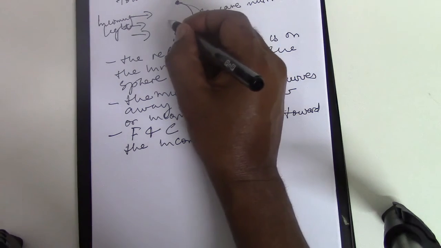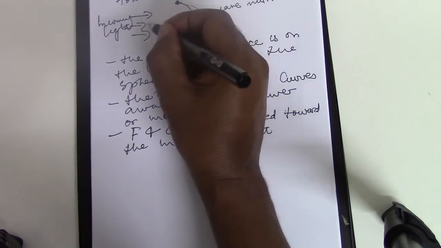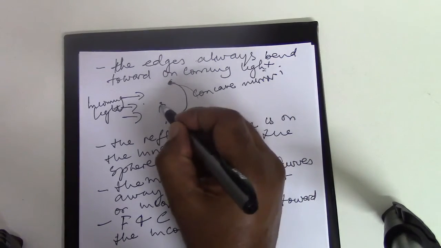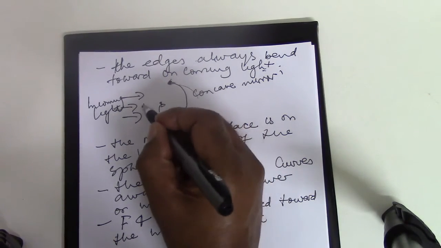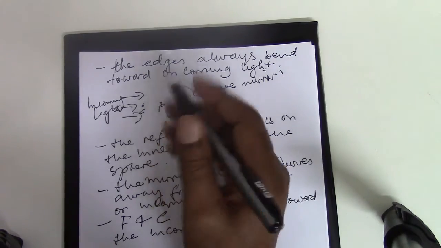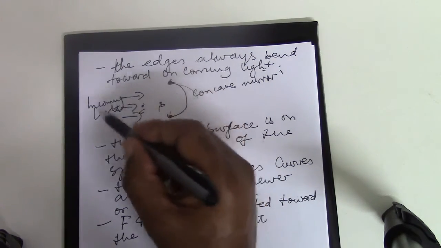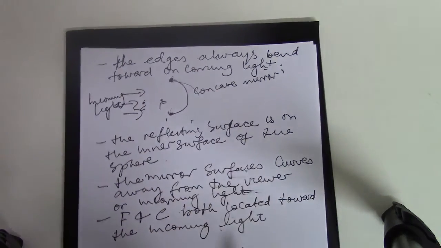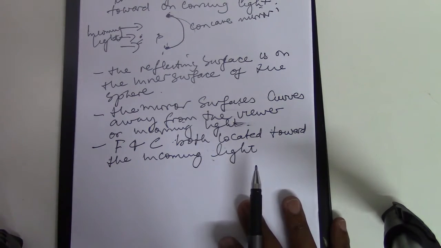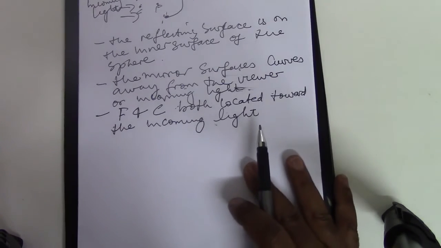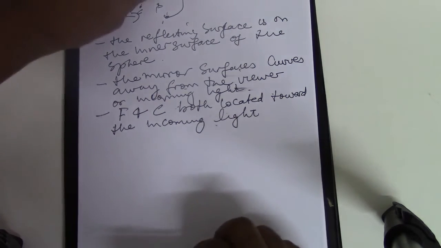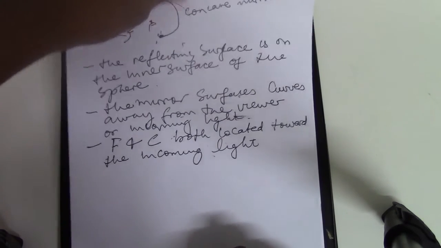In other words, on this side you find the focal point, and on this side you find the center of curvature. Both of these are located toward the incoming light. Right. So this is one way of identifying a concave mirror.